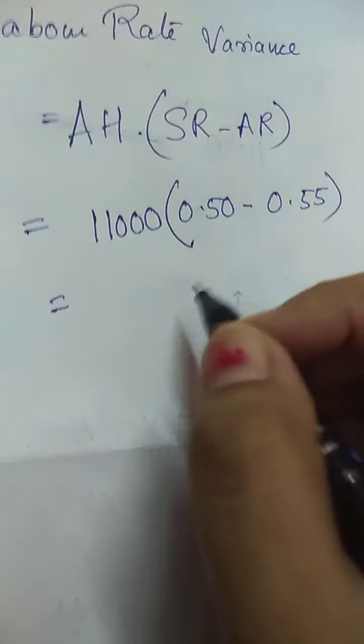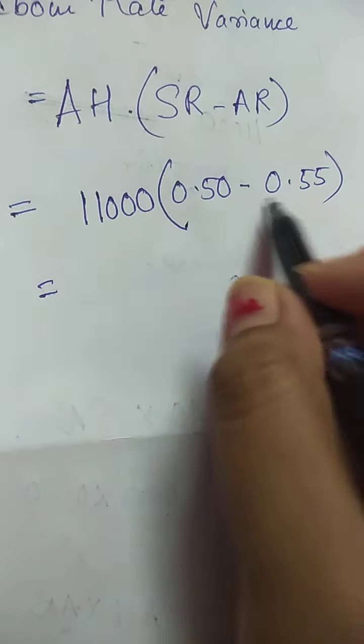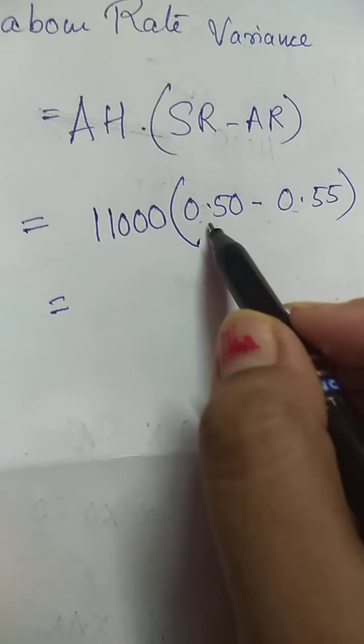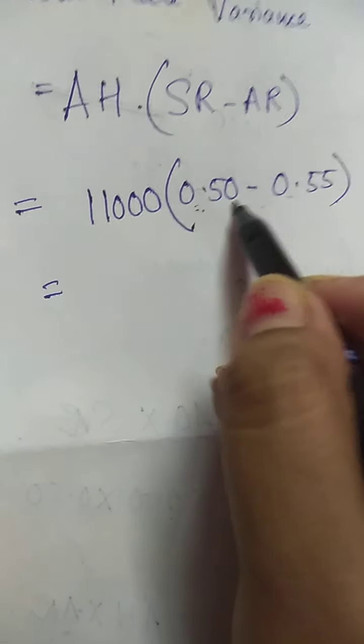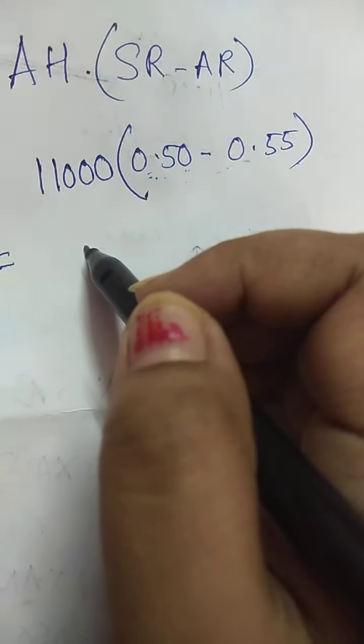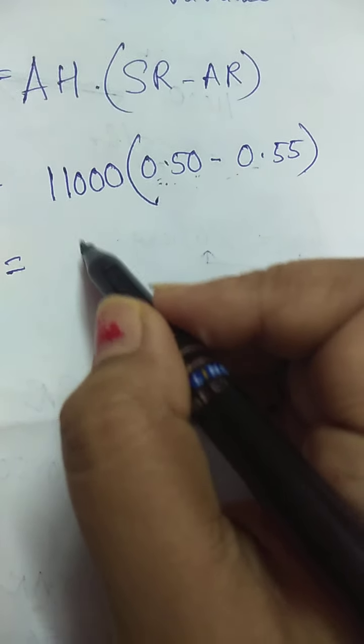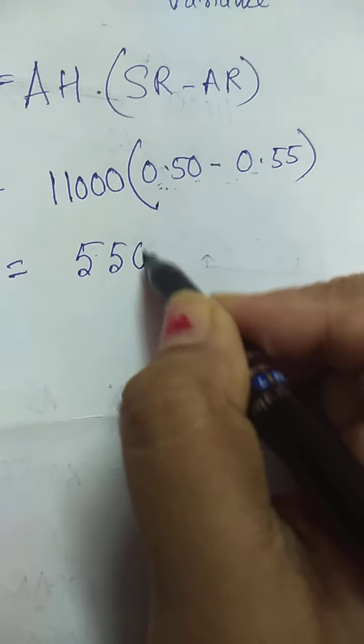So it's minus 0.50 minus 0.55, so it's minus 0.05 multiplied by 11,000. It will come to 550 adverse.